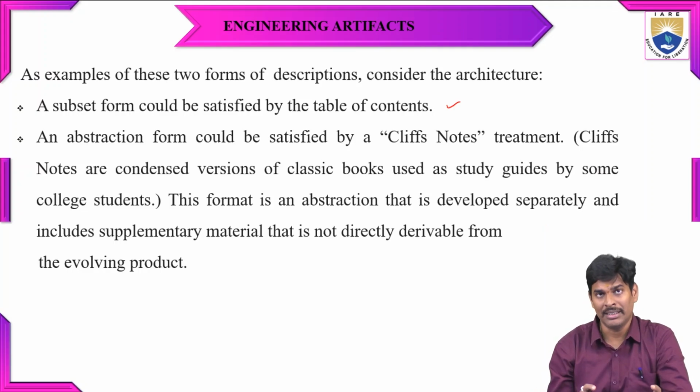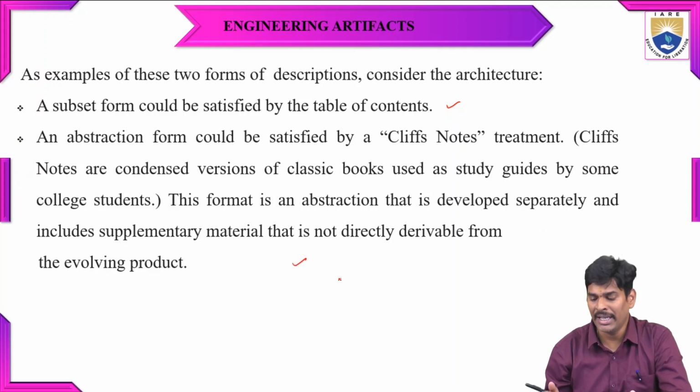So the sub modules of the components can be satisfied based upon the table of the content, and also we can have the abstraction form. So in this abstraction form, we can have the clip note. What is meant by clip note is nothing but it is in classic books. So they can have some guidelines on how the students can have a look.